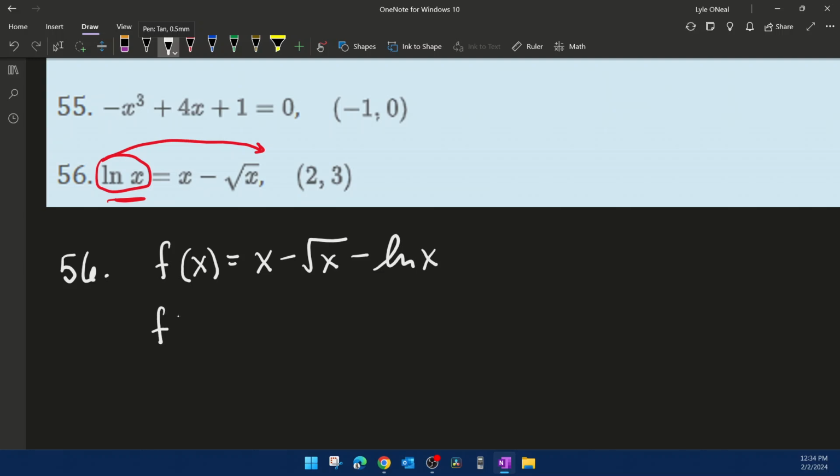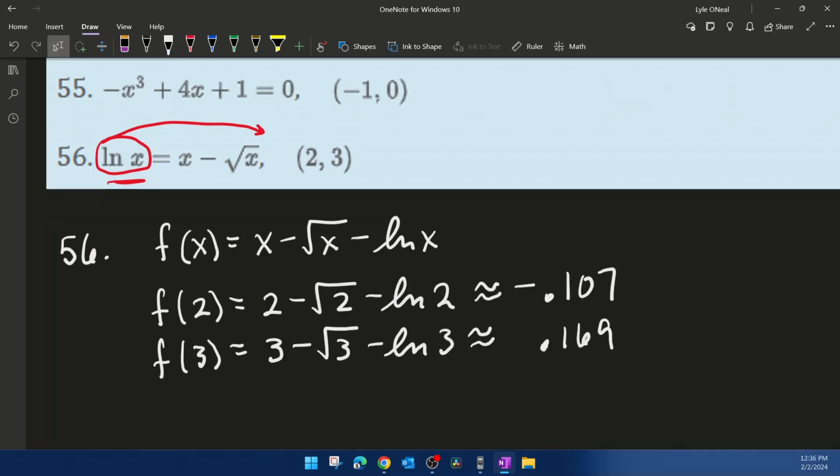And then we would need to evaluate the function at the endpoints, calculating f of 2 and f of 3. Remember, those need to work out to be opposite sign values in order to indicate that there will be a solution on that interval.